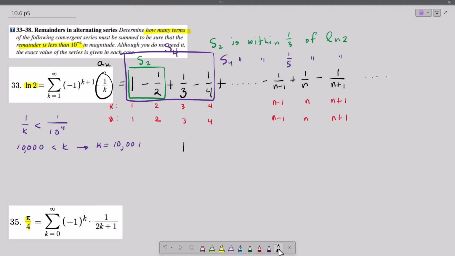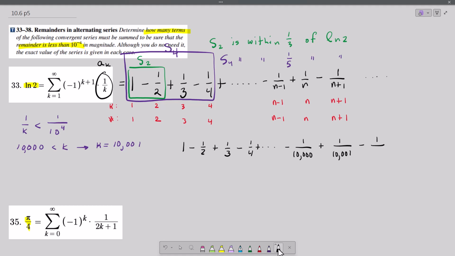So let's rewrite this in a way that clarifies that. If we look at the partial sum, this is what it's looking like. And then when we get to, say, 10,000, 10,000 is an even number, so we're going to have a minus in front of the even, so minus 1 over 10,000. And then plus 1 over 10,001.